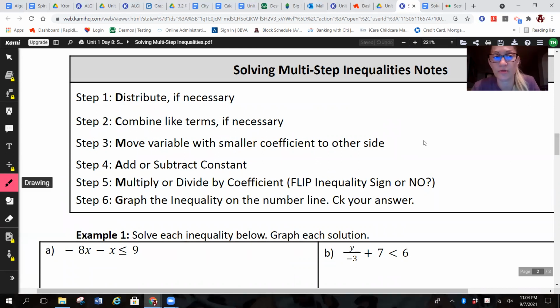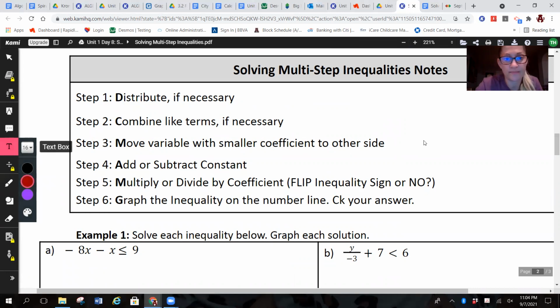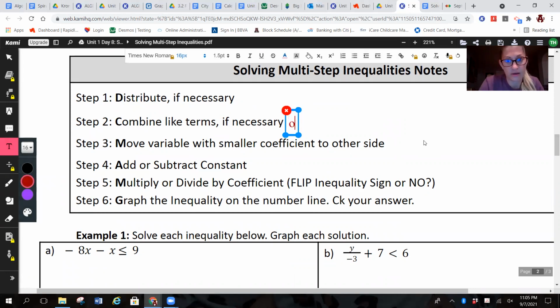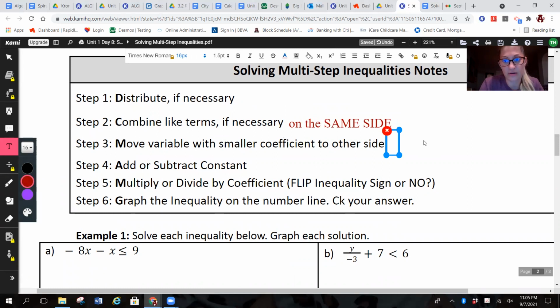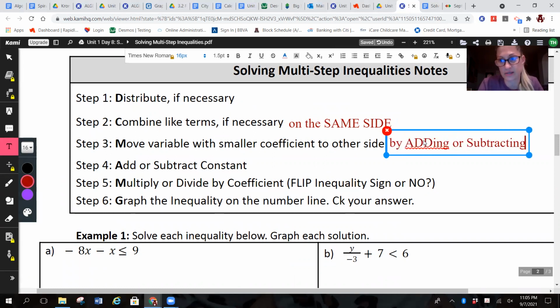We're going to distribute first, combine like terms on the same side, move the variable with the smaller coefficient to the other side by adding or subtracting, add or subtract the constant, multiply or divide the coefficient.